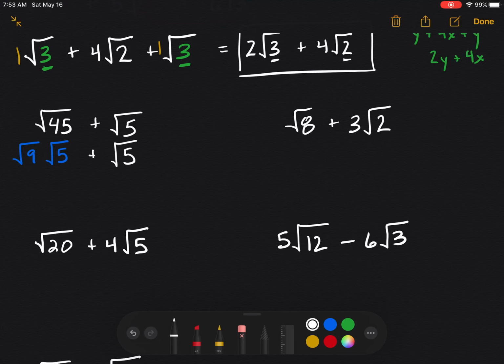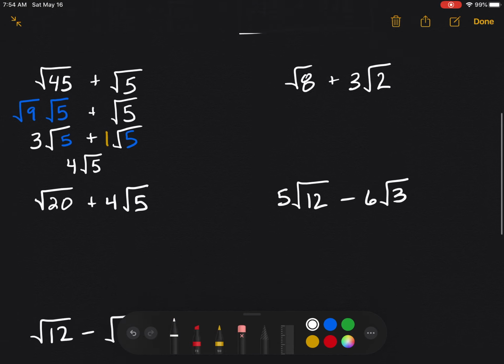So I can simplify this to 3 radical 5 plus radical 5, and I've got the same number now in the radicand, okay? So I can go ahead and add the numbers that are out in front there, and that is going to give me 4 radical 5 as a final answer.